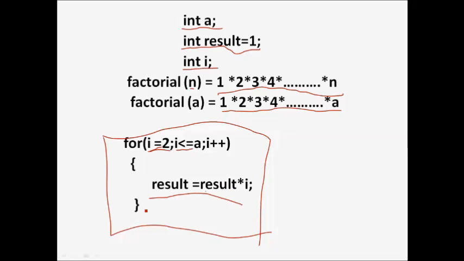So when this for loop ends, the value of this variable result will be the factorial of number a. The value of factorial a will be stored in this variable result.